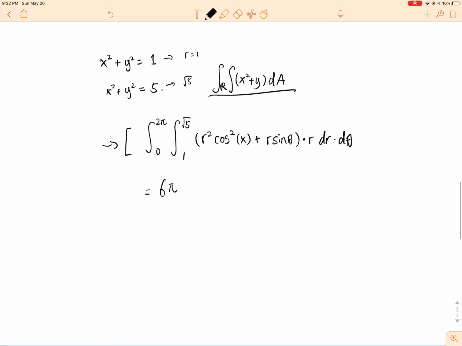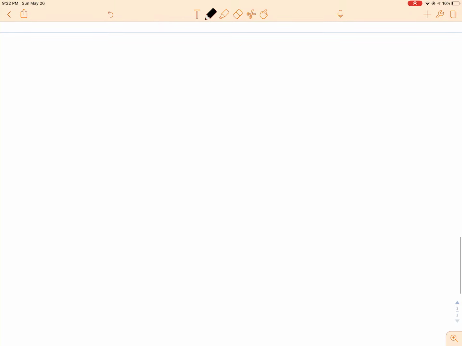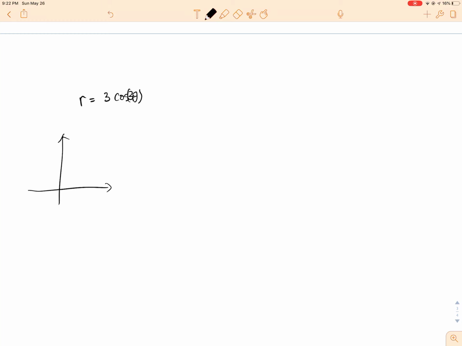And let's see another example here. If we want to use a double integral to calculate the area enclosed by this function, r equals 3 cosine of 3 theta, and you graph that out, it's going to look like a flower, like that.